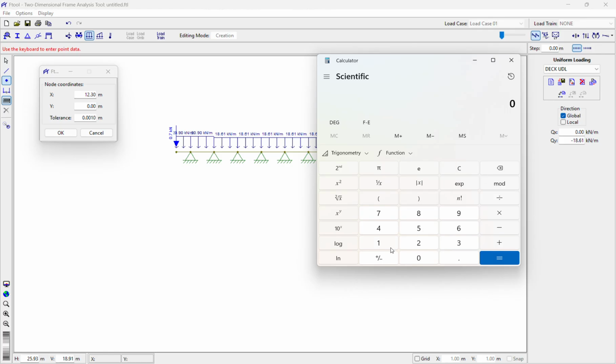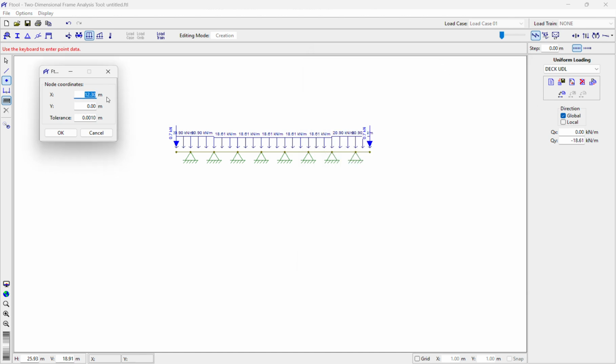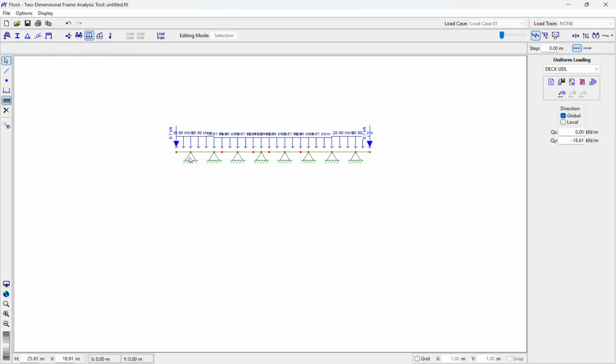No, it's going to be 0.9 plus 1.5 plus 0.5 at 2.9. And then the next one is going to be 2 meters from 2.9, that is going to be 4.9. The next one is going to be 1 meter from 4.9, so it's going to be 5.9. And then 2 meters, 7.9. And those are all our loads.